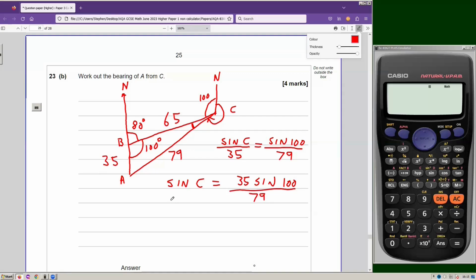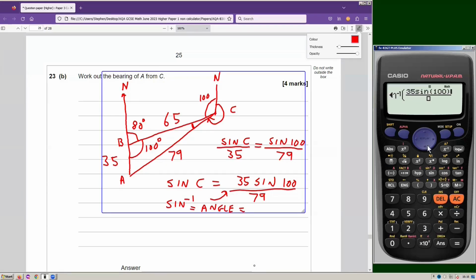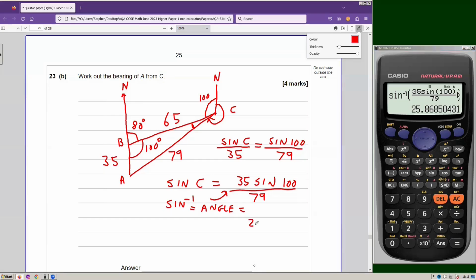And then what we want then is the sine to the minus 1 of this will equal angle, which will equal, and we'll do it all in one go. 25.869, and then all we then do is we go 360 minus the 100 plus 25.869, and we'll put our answer down here, which is going to be our bearing.